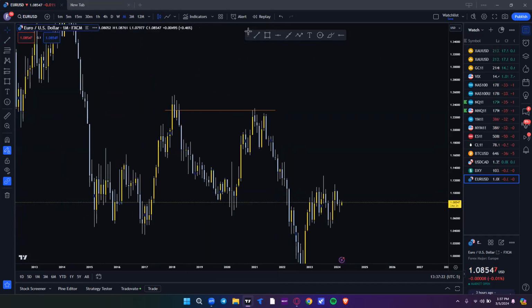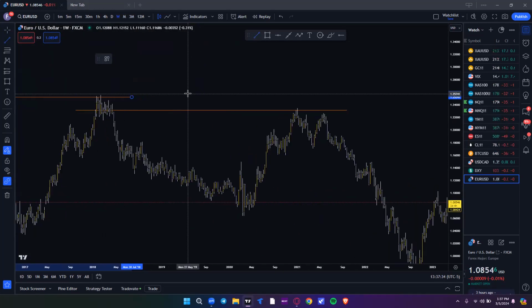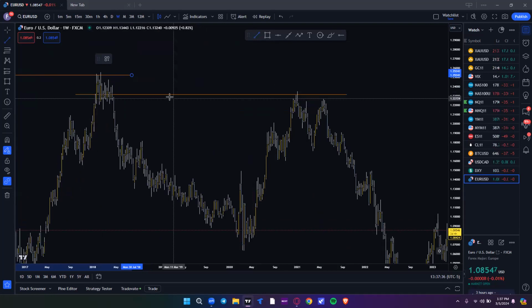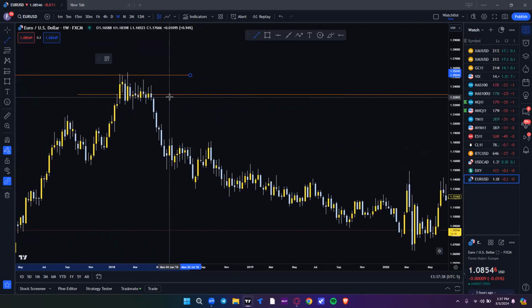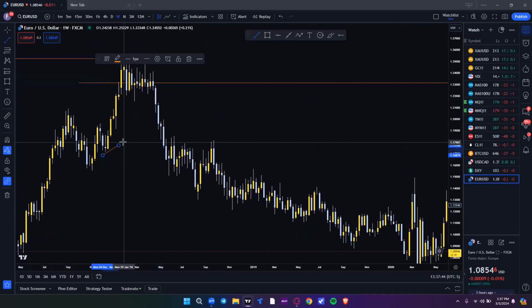All right, so this rejection is coming from this one as we had marked. And then inside of this monthly candle, let's see what's inside of it. Let's go to the weekly. Well, let's follow structure. Oops, we have a drop decision right here.